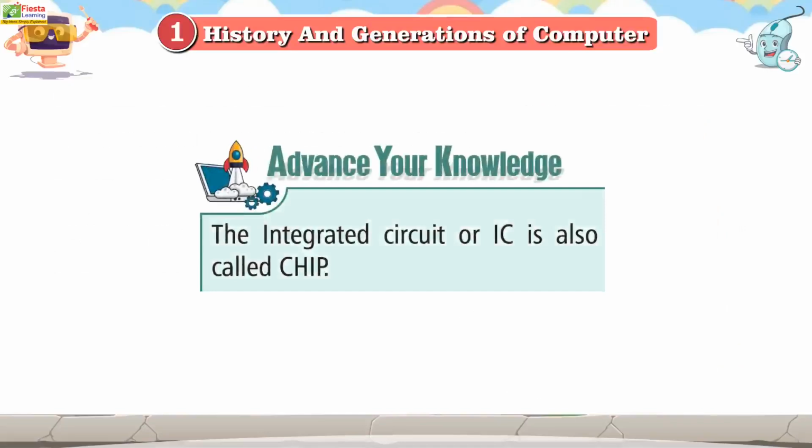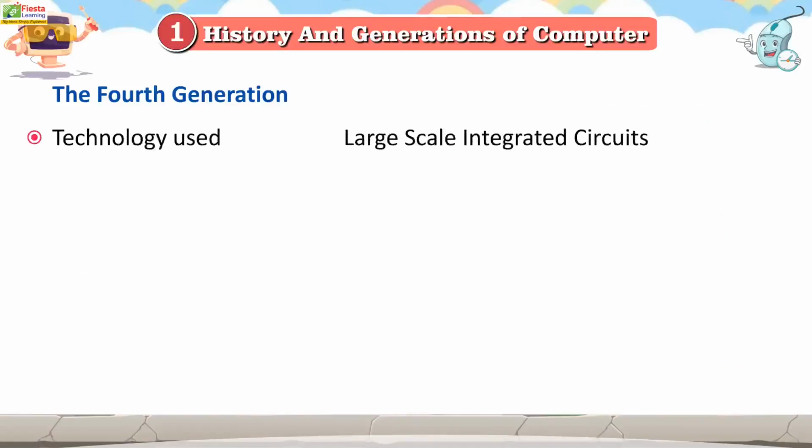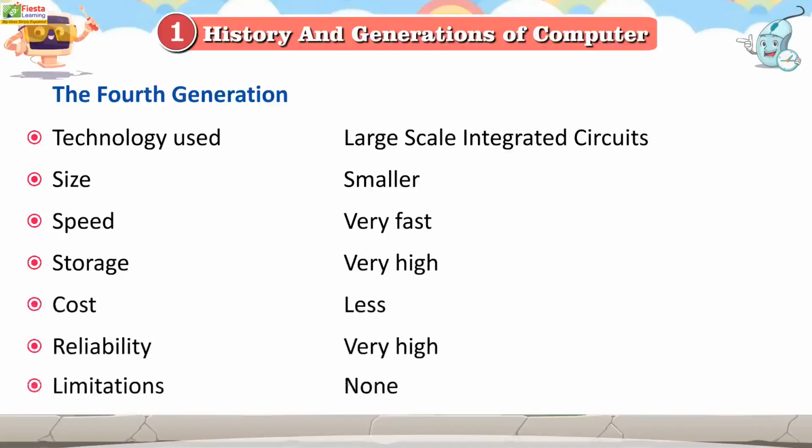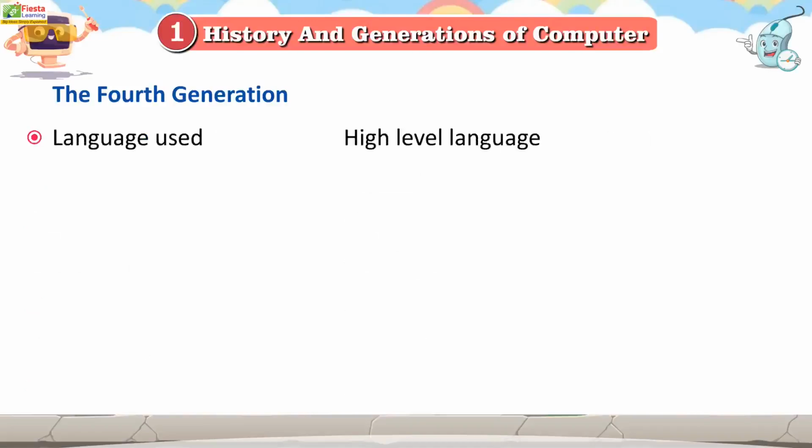Advance your knowledge. The integrated circuit or IC is also called chip. Technology used: large-scale integrated circuits. Size: smaller. Speed: very fast. Storage: very high. Cost: less. Reliability: very high. Limitations: none. Language used: high-level language.